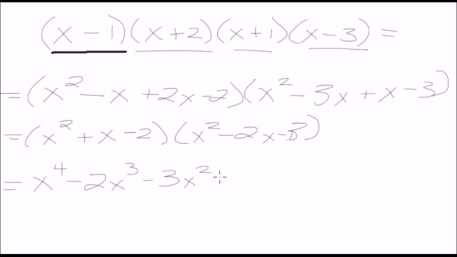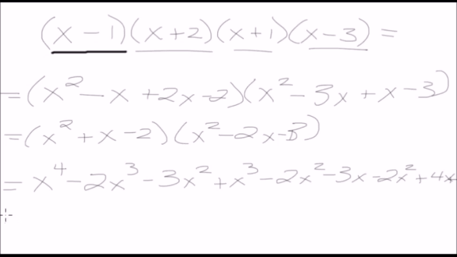Now distributing the middle term of the first parentheses, plus x cubed minus 2x squared minus 3x, and finishing up with a constant term, negative 2, minus 2x squared plus 4x plus 6.